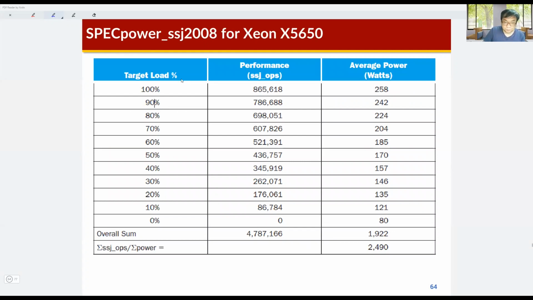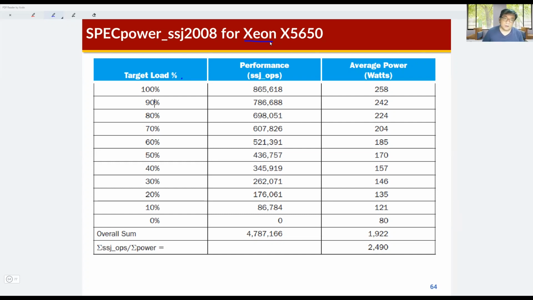So this is the result of the SPECpower benchmark for Xeon X5650. This Xeon is a server CPU, so that means this benchmark is executed on the server system.